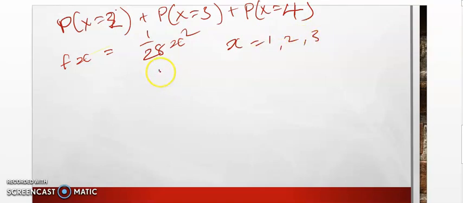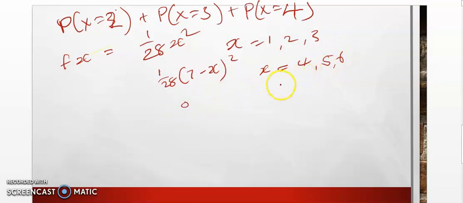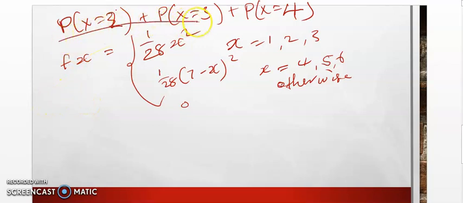We also have 1 over 28 times (7 minus x) squared when x is equal to 4, 5, and 6. We have 0 otherwise. So this is what we had in our function. Using this, we are going to evaluate the probability when x is equal to 2, when x is equal to 3, and when x is equal to 4.